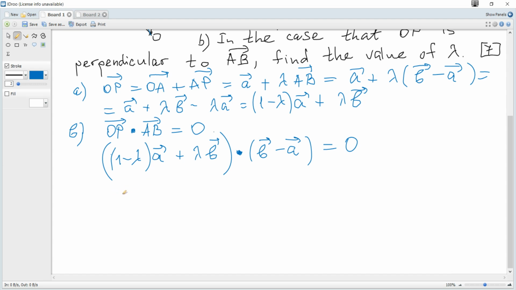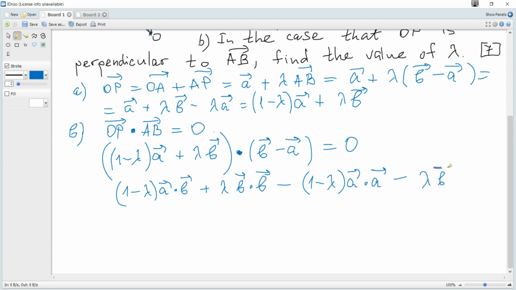And it becomes (1 minus lambda) a · b, this by this, then this by this, so plus lambda b · b, then minus (1 minus lambda) a · a, and minus lambda b · a, and is equal to 0.